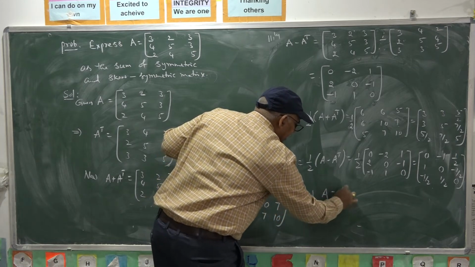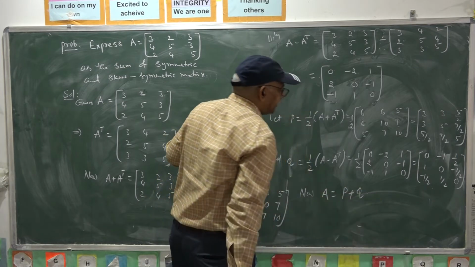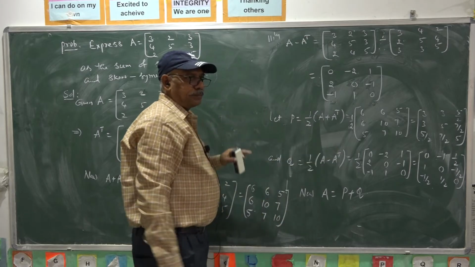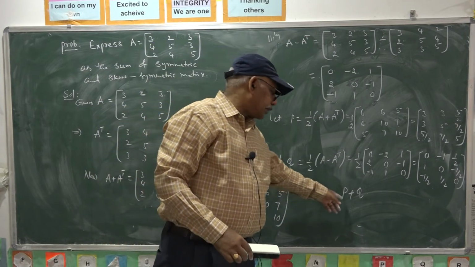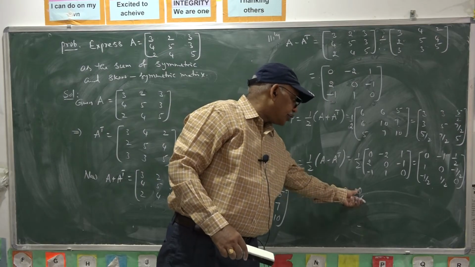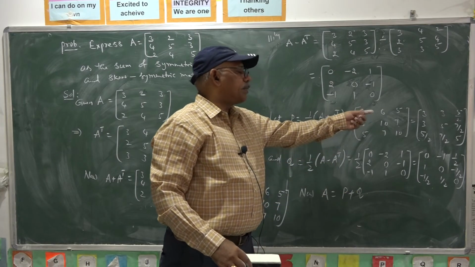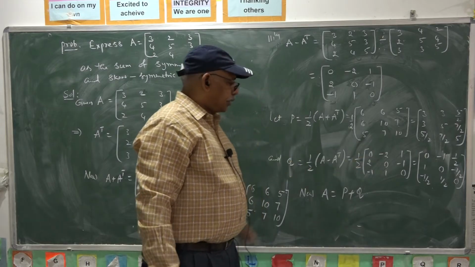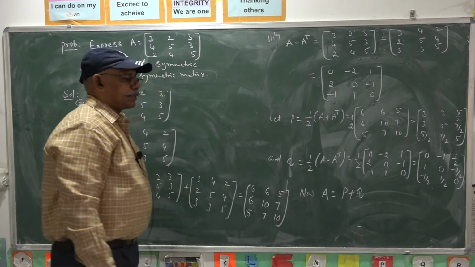Now A is clearly P plus Q. Adding these two, we get A. Here A can be expressed as sum of symmetric and skew symmetric matrix. Here P is the symmetric matrix and Q is skew symmetric matrix.